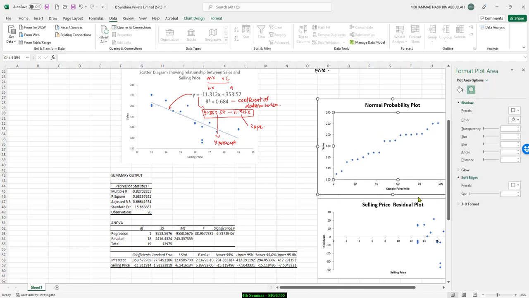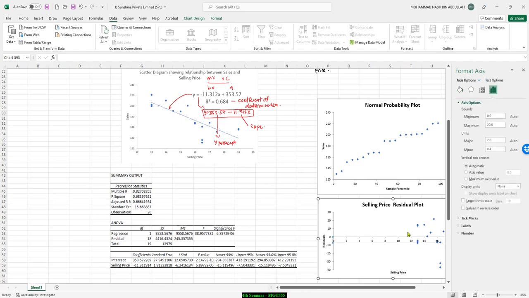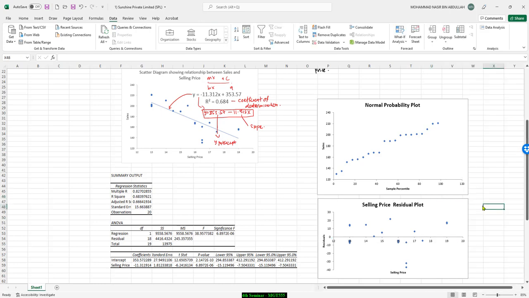Benda yang sama. And then for selling price, kita nak select from 12 to 20. So kita nampak macam ni, residual plot, right? So make sure they fully utilize the graph.